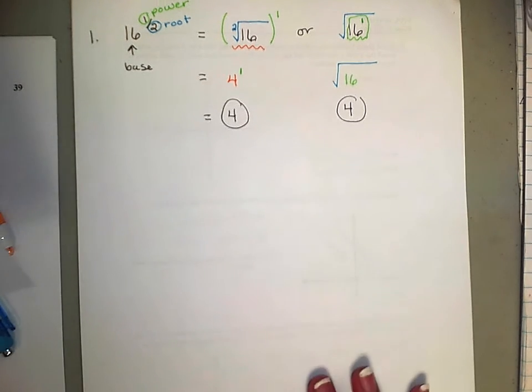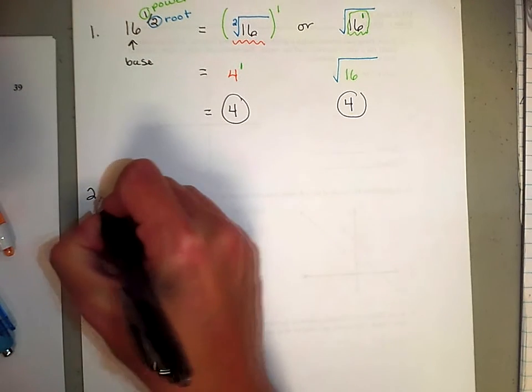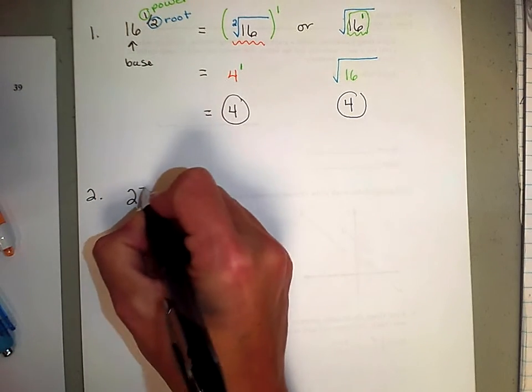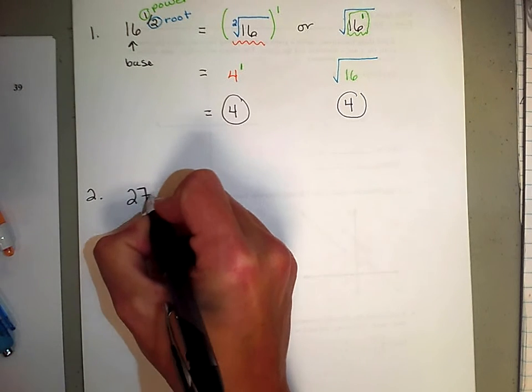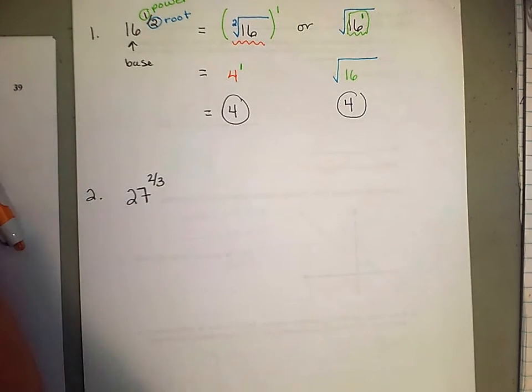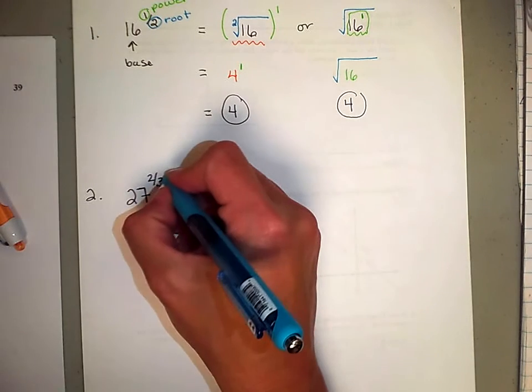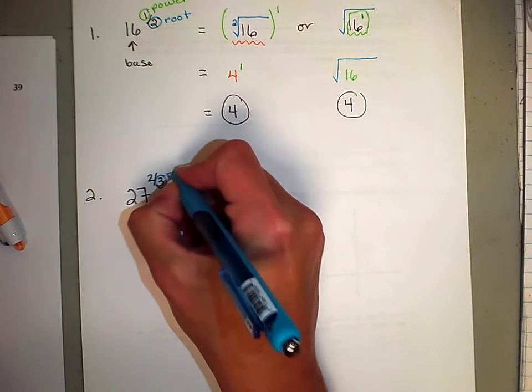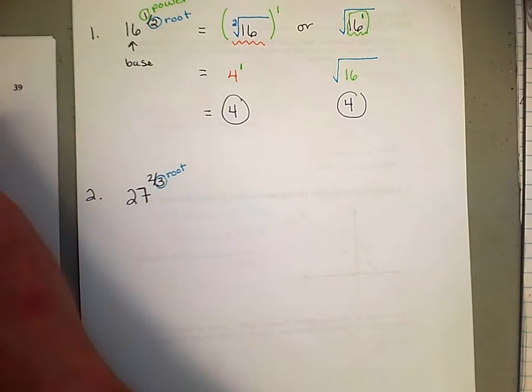Let's do another example. Number 2. Our base is 27, and we're raising that to the 2/3 power. The root we will be taking is a third root.